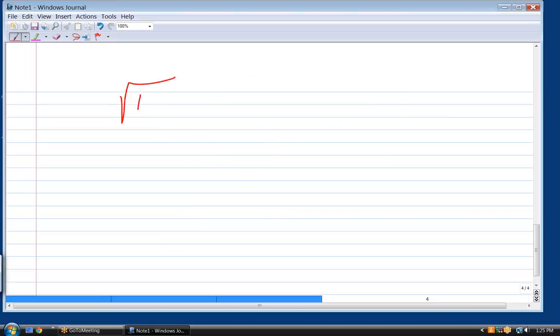What is the square root of 12 times the square root of 2? Well, what rule do we want to apply here? We want to apply one of those first two rules.